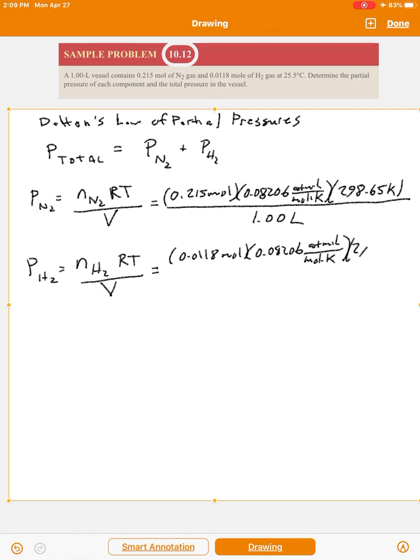And it's in the same container, so it's going to be at the same temperature, same vessel, and 1 liter. The dimensional analysis, you can go through that yourself, will show that the partial pressures are in atmospheres.